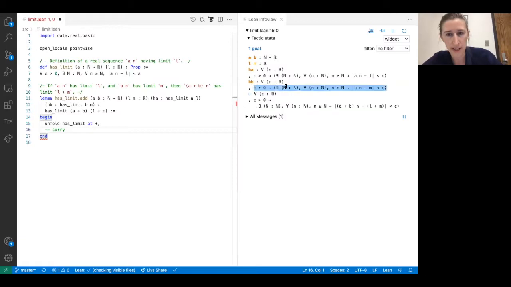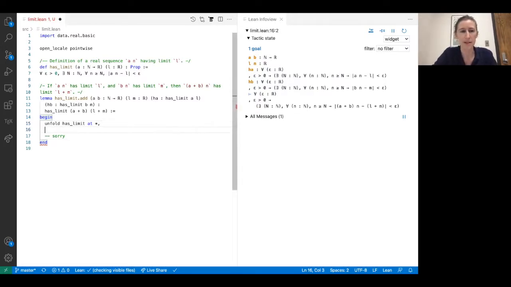So it's transformed the goal state here to the version in which the hypotheses and the goals have been replaced by their formal definitions. So now I see the hypotheses and the conclusions all expressed in terms of epsilons. Okay, so what would I do? I would say, let me take a particular epsilon and I'm going to prove the result for that particular epsilon.